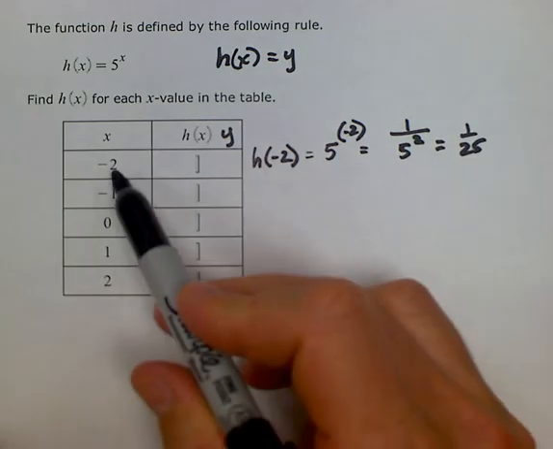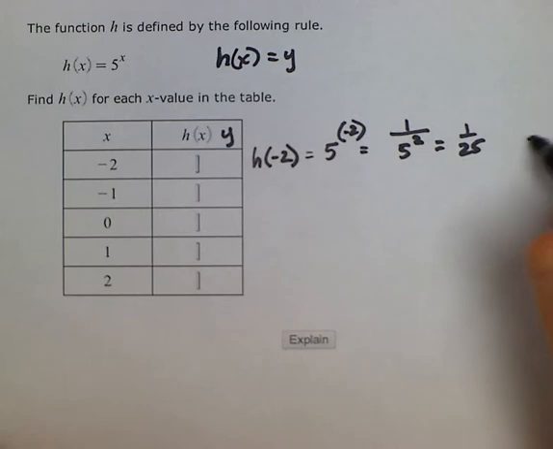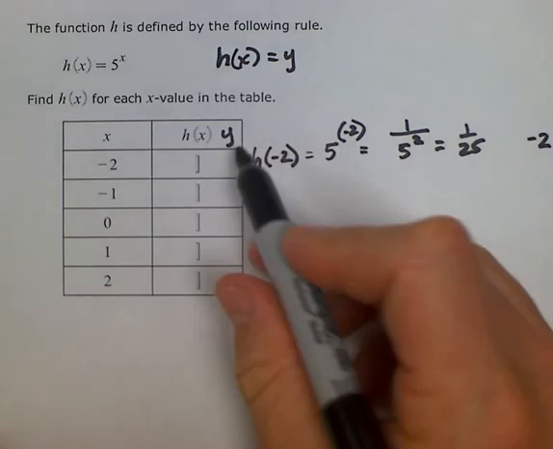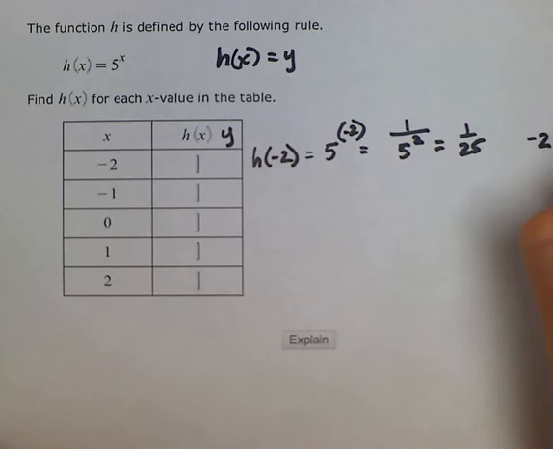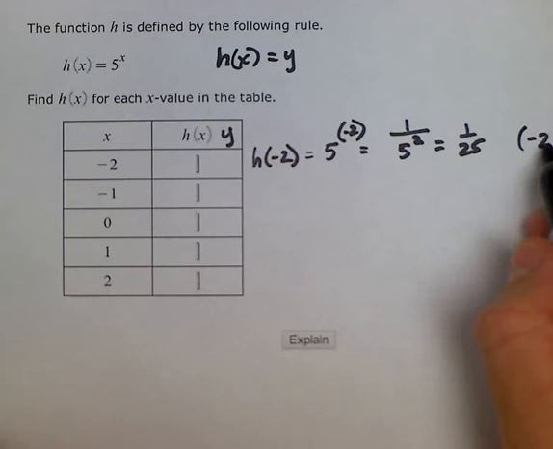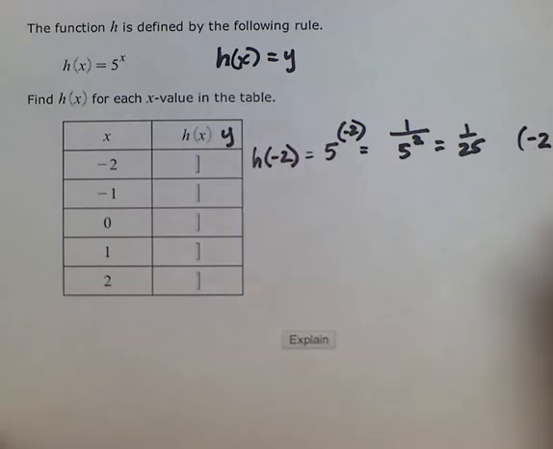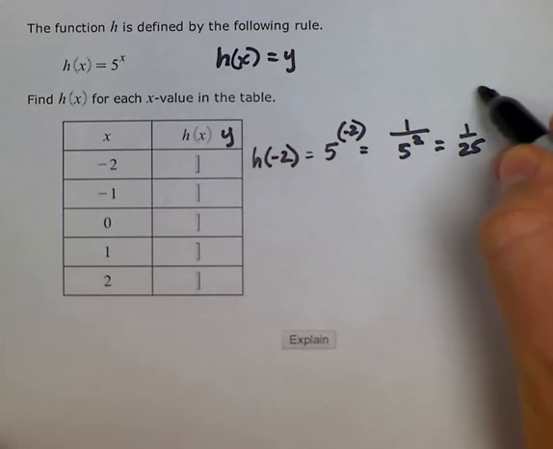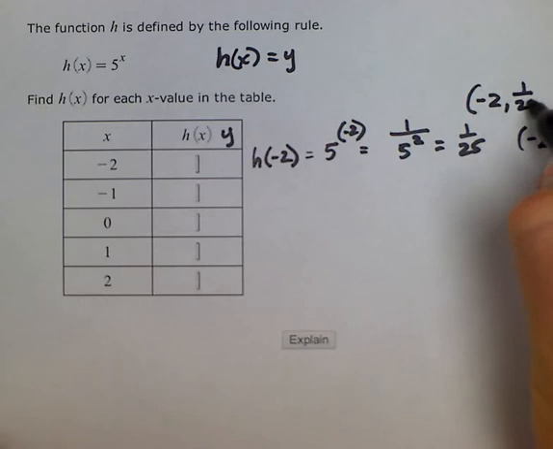The x value, being -2, has a corresponding y value of 1/25, and you could plot this point on the Cartesian coordinate plane, starting at the origin, moving back -2, and then going up 1/25. It looks like I came off the screen, so I'll write it here, -2, 1/25.